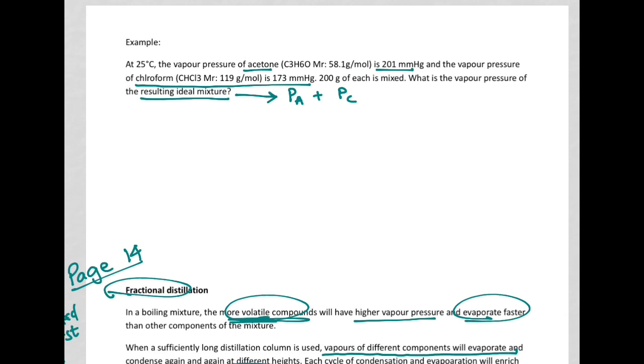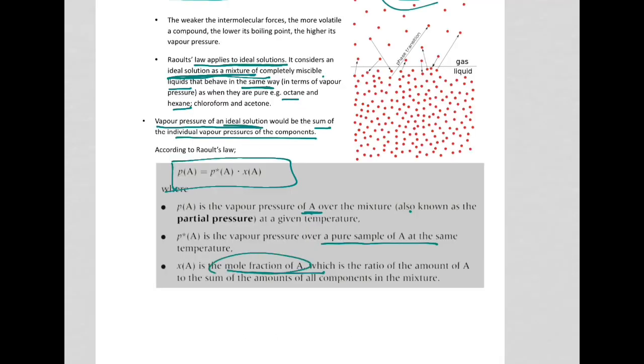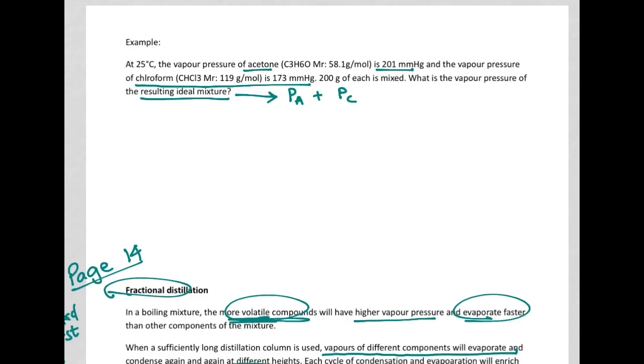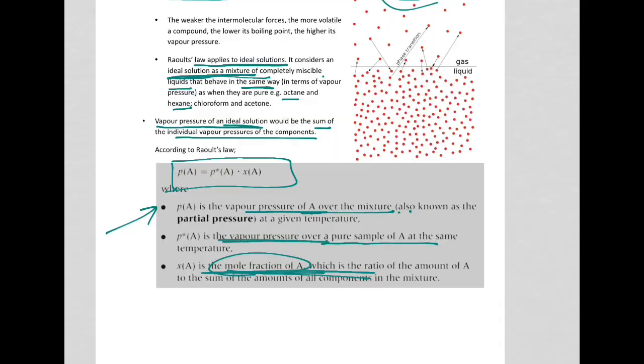Now, we need to calculate each one with respect to the mole fraction, right? PA is the vapor pressure of A over the mixture. This is obtained by multiplying the vapor pressure of pure A times the mole fraction of A. So, the vapor pressure of pure acetone is given. We need to find the mole fraction of acetone.